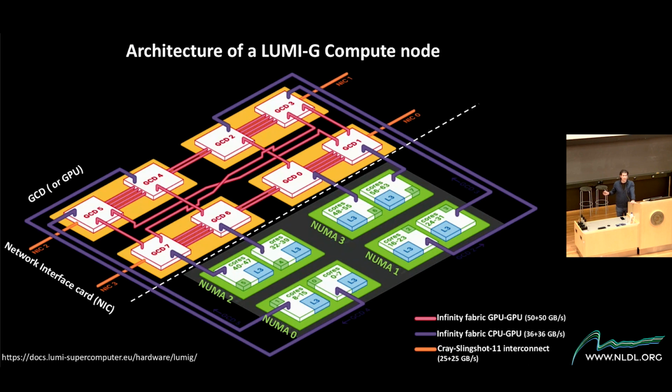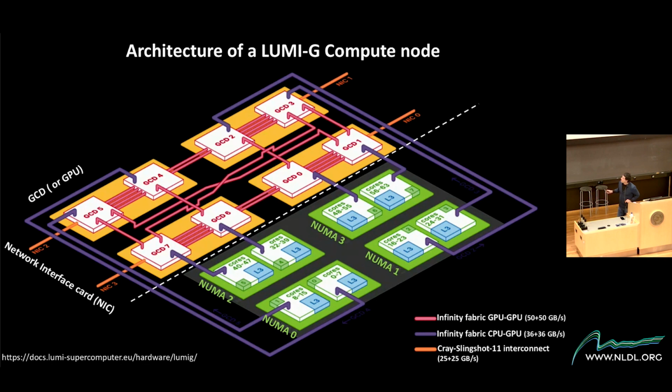What that means is that if you run your application and you are able to communicate between this GPU and this GPU, it will be twice as fast as running on this GPU and communicating with this single GPU. So that's why having an overview of the architecture of compute nodes helps in terms of optimization.